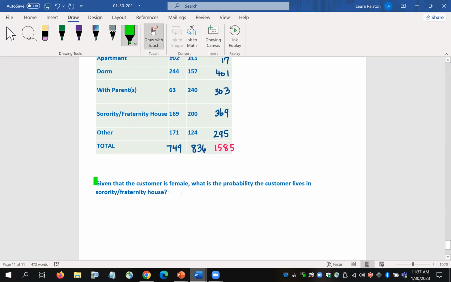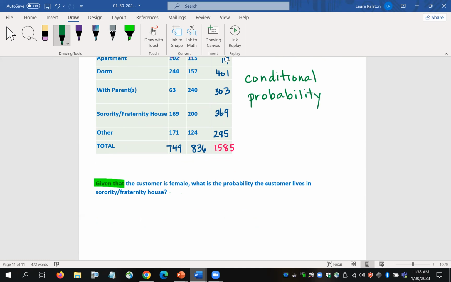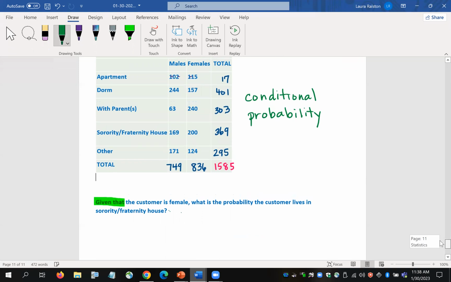Anytime you see that phrase, given that, that is what we call a conditional probability. They're giving you some sort of condition. In this case, the condition is that we know the customer is female.